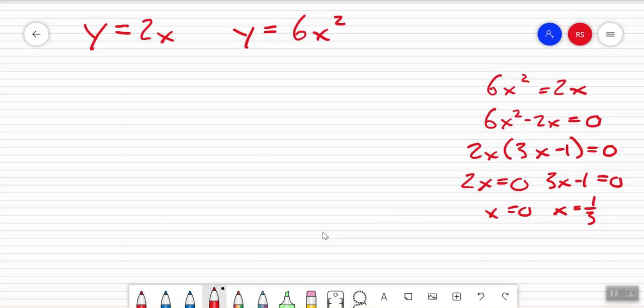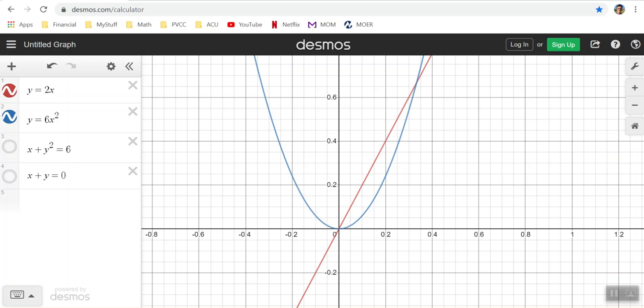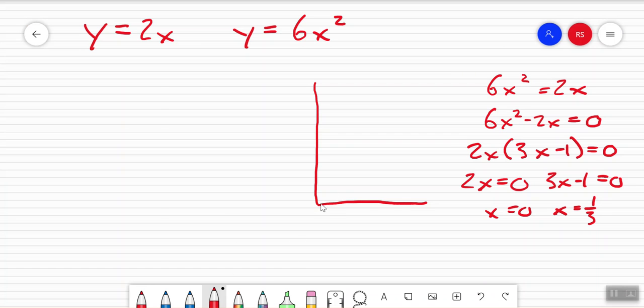The other thing that we need to get from our graph, and I like to make a little sketch of the graph, I would encourage you to do that. If you need to, you can go back to take a look at this. Okay, so it looks like the line was on top. And so we're going to have something that looks something like this. This doesn't need to be super accurate, just something to give you an idea as to what was going on here.